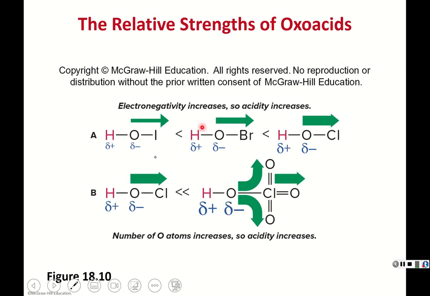If we look at some examples of these, in part A you see examples where you have the oxygen bonded to a halogen, and they all only have one oxygen.